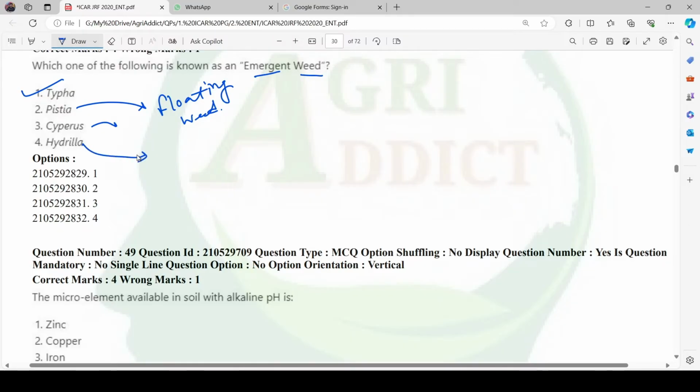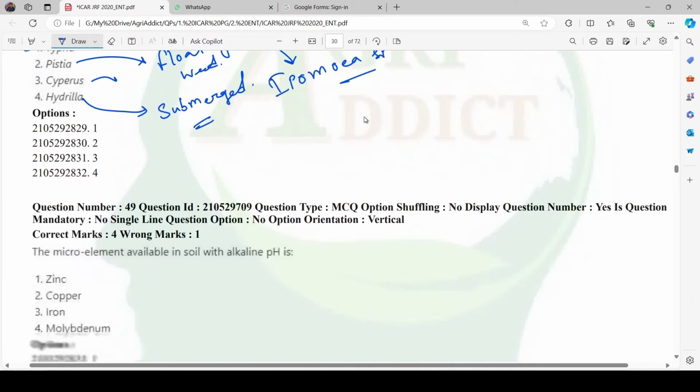Then hydrilla. Hydrilla is actually a submerged weed. And along with typha, there is Ipomoea also. That is also an emergent weed. Okay.